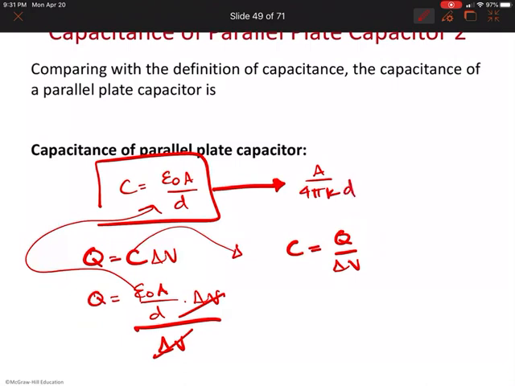And there was a pi in there. It was like 4 pi K times distance. So it's 1 over 4 pi times K, and K is Coulomb's constant.